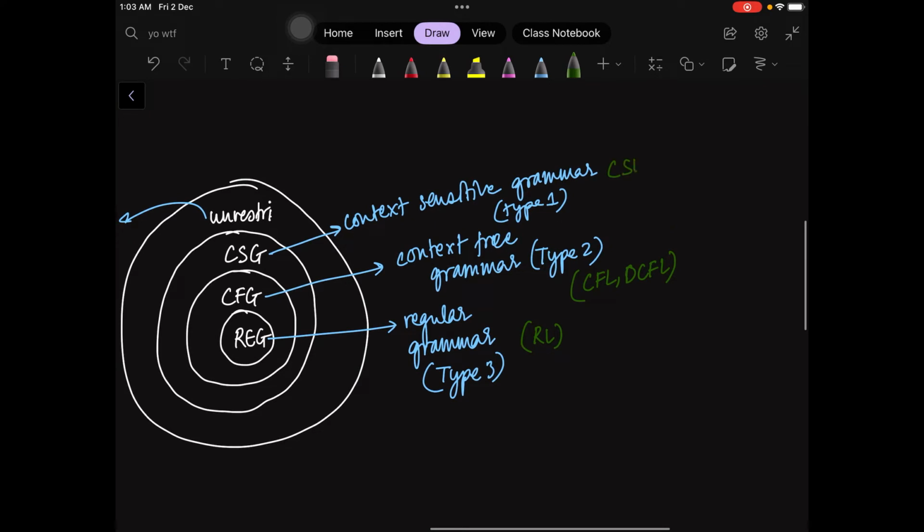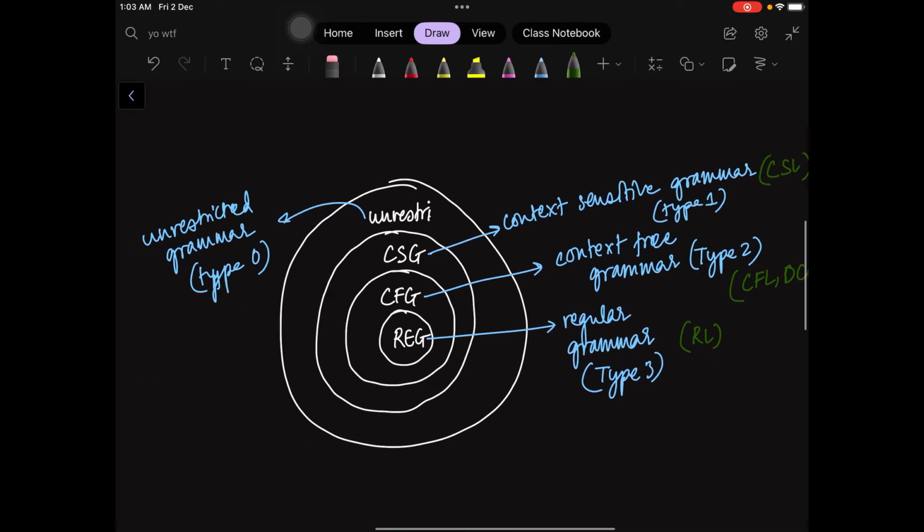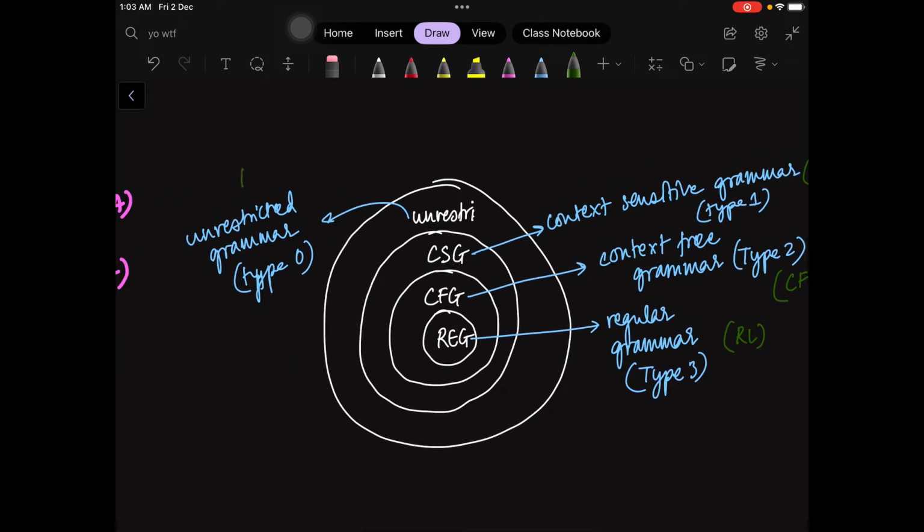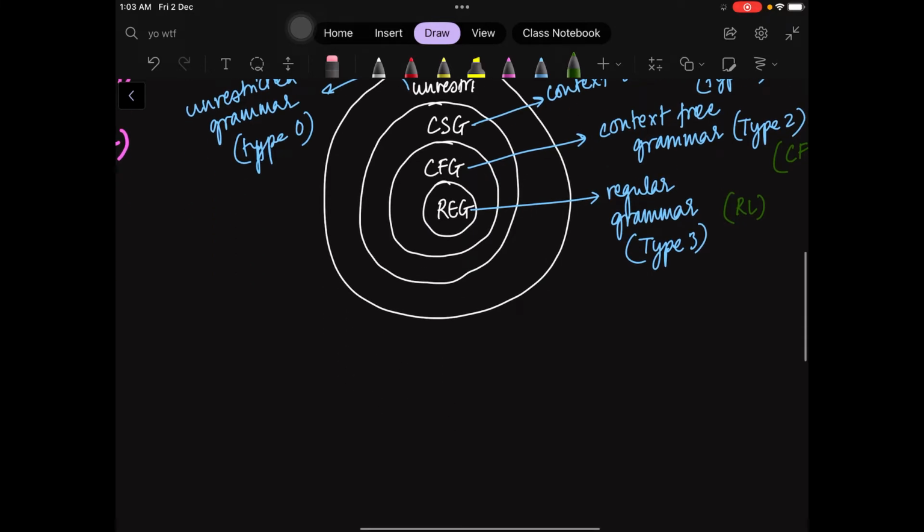This can accept context-sensitive language, and unrestricted can accept recursive enumerable language and recursive languages. So these are the types of grammars.